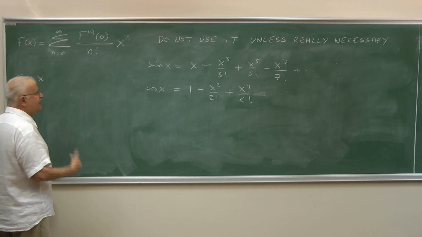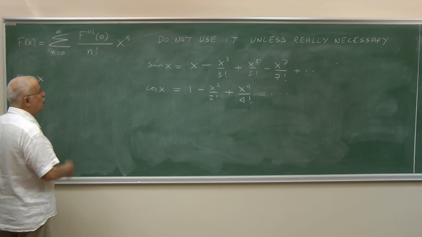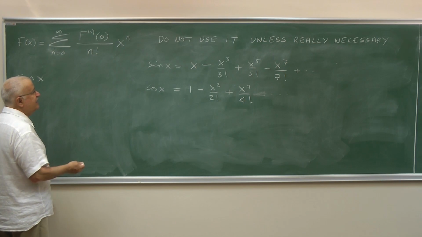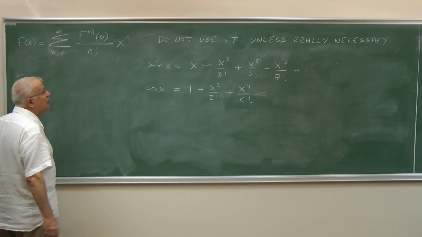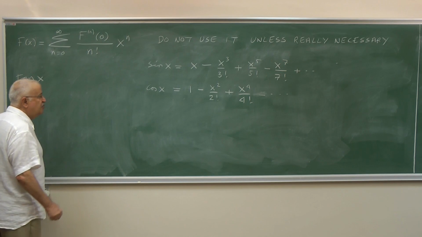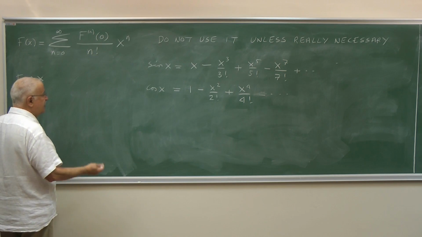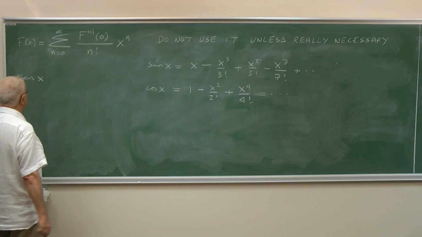But you realize that tangent x, just like sine, is an odd function, which means I get a contribution every other term. X squared, x to the fourth, x to the sixth will not appear. But I have to take each derivative, even if I don't use it.